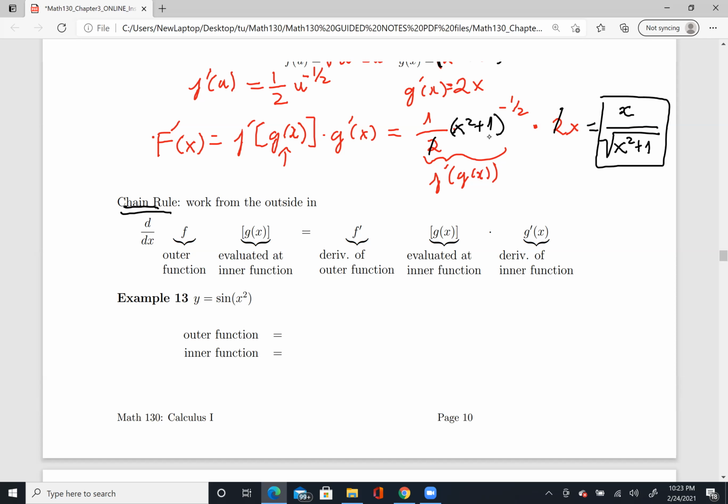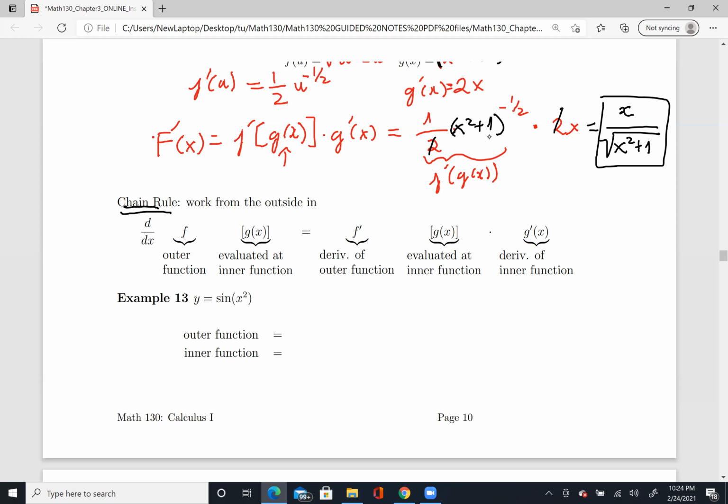I have d/dx of f of g of x, where f is the outer function, like I just said, and it is evaluated at the inner function g of x. So you get the derivative of the outer function evaluated at the inner function, and then multiplied by the derivative of the inner function.